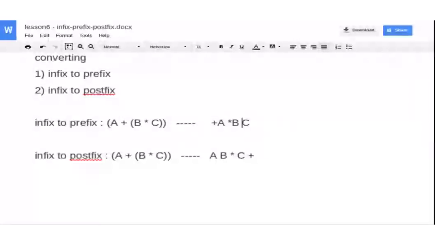And that is how we do the conversion from infix to prefix, or from infix to postfix, using this approach called fully parenthesizing the infix expression. But remember, you can also be asked to do the conversion from prefix to postfix, or the other way around, from postfix to prefix.